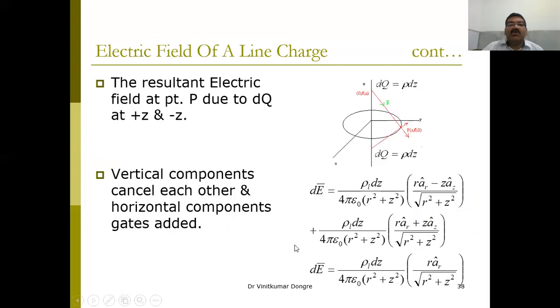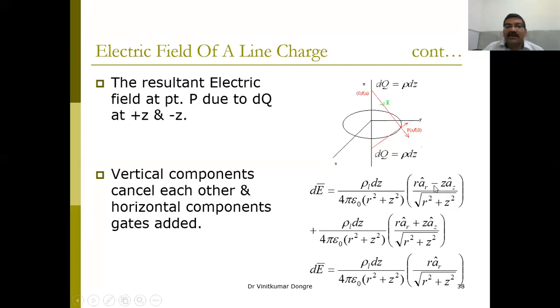Okay. Now what to do? The resultant electric field intensity at point P is due to both charges, one at plus z and another at minus z. So we have dE equals rho L, this by one and this by the other. Now this vector is common.